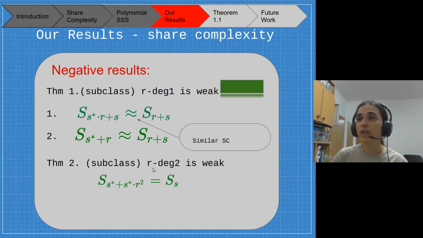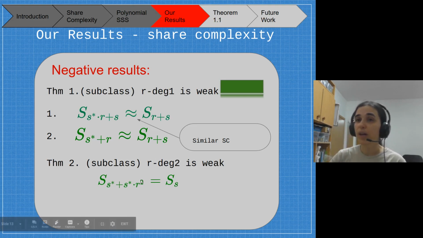Another thing we show is that for degree 2, we must have linear monomials in R present, or else the scheme becomes very weak, not only in the sense of having large shares, but also it is only able to implement some very simple access structures, namely those where basically each party either gets the secret or not.